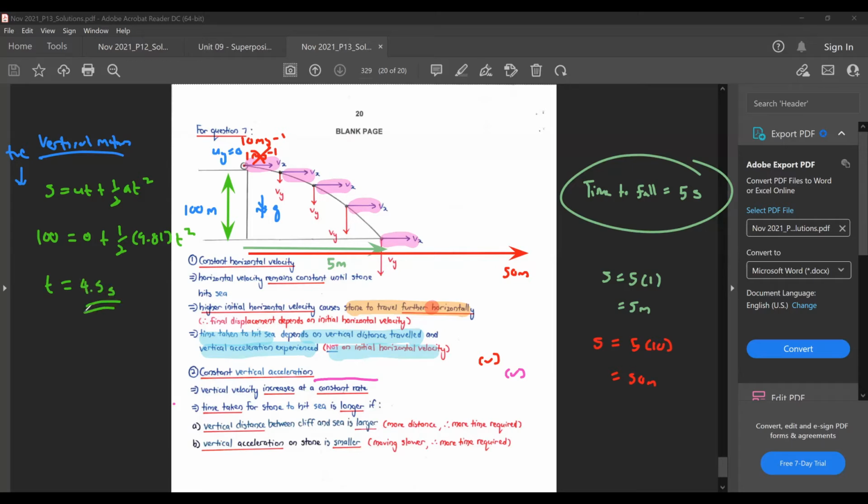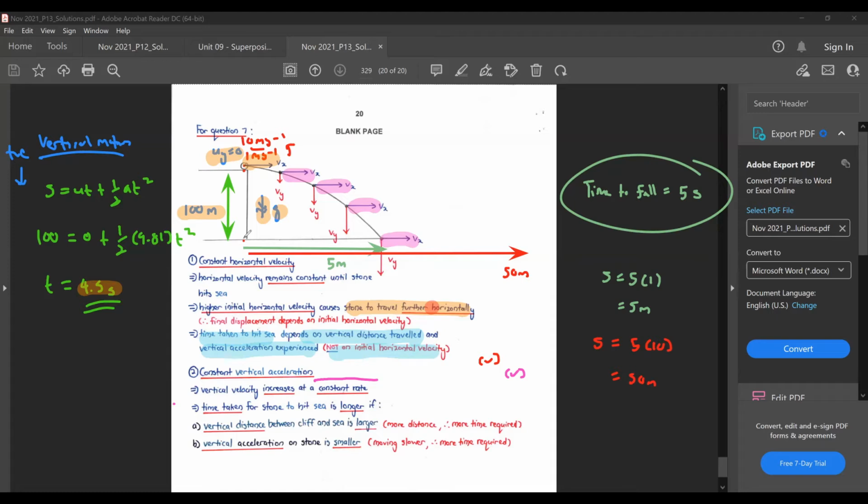Okay, so now consider this. If I told you I had an initial horizontal velocity of 1 meter per second, the initial vertical velocity will still be 0. The vertical distance will still be 100 meter, and my gravitational acceleration will still be g. The time taken to fall to the ground will be 4.5 seconds. But what if I change my horizontal velocity from 1 meter per second to 10 meter per second? Would it affect the time taken for your ball to fall to the ground?